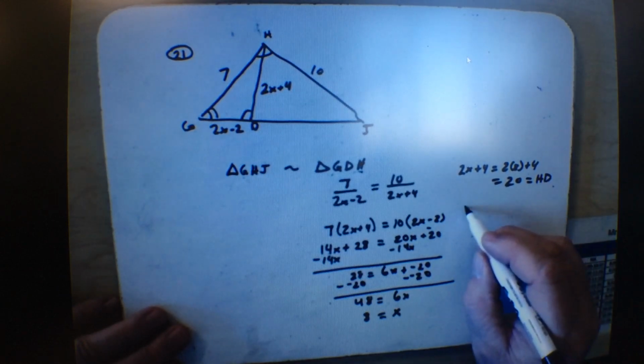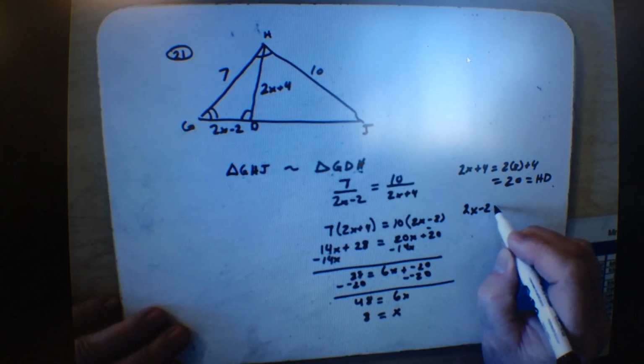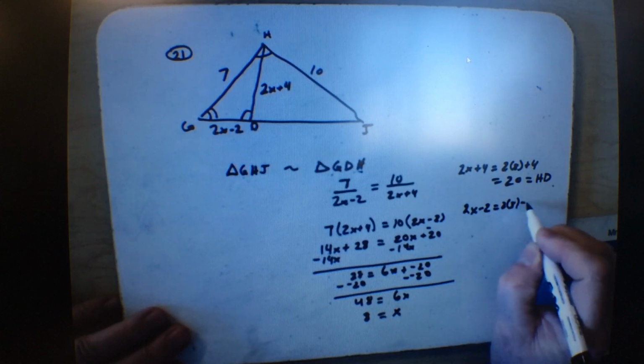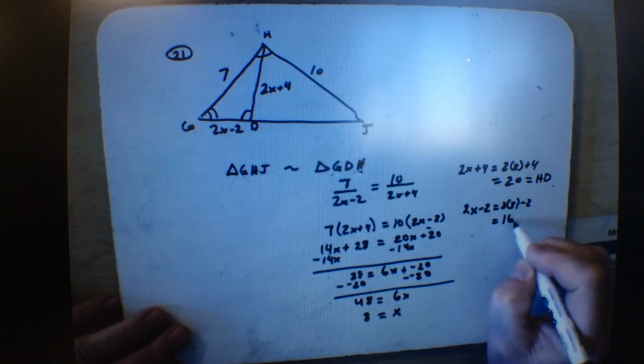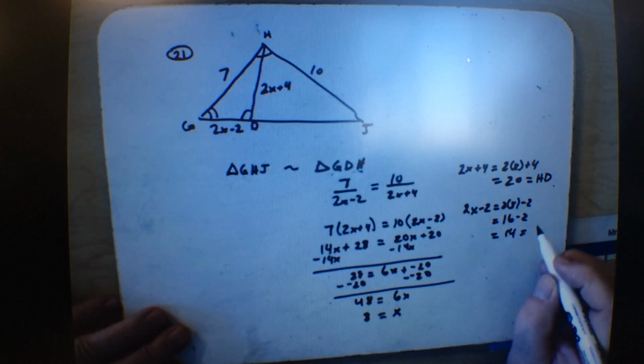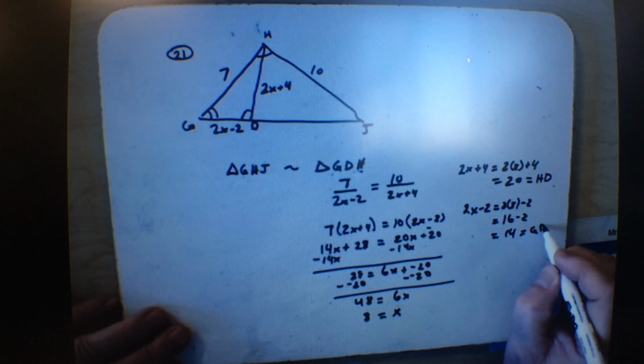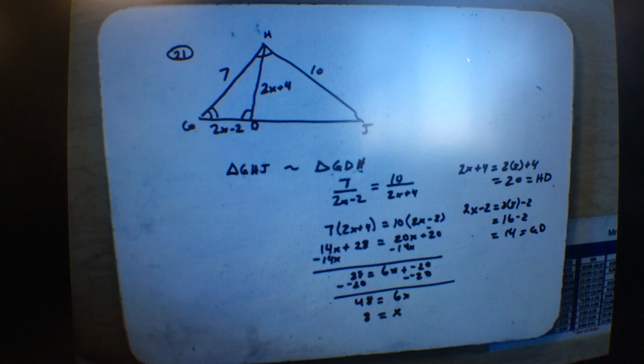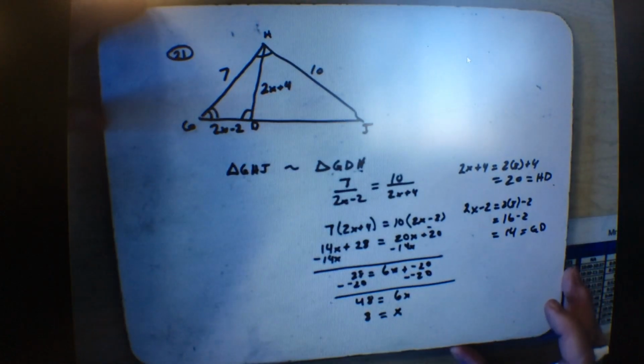And then I have 2x minus 2, which is 2 times 8 minus 2, which is 16 minus 2, which is 14, and that is GD. Okay, so those two values I now know on that. Each one you have to find x and then plug it back in. All right, that's number 21.